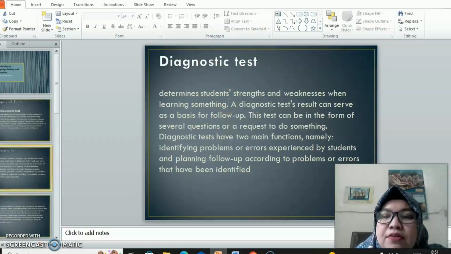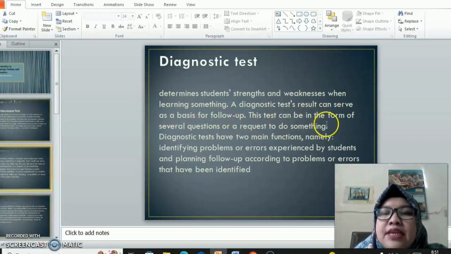The next type of test is the diagnostic test. A diagnostic test determines students' strengths and weaknesses when learning something. A diagnostic test result can serve as a basis for follow-up.